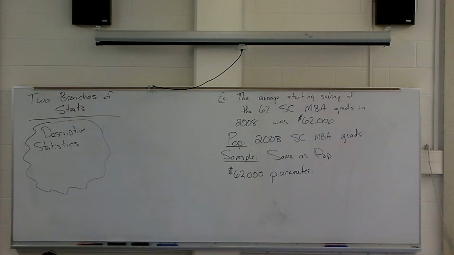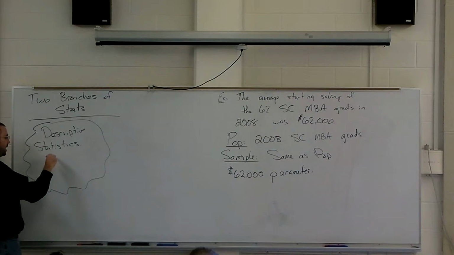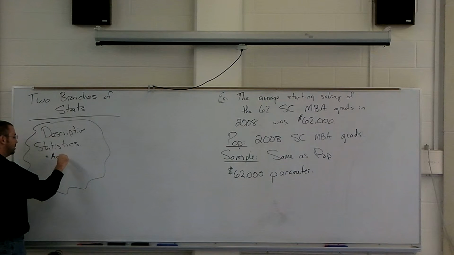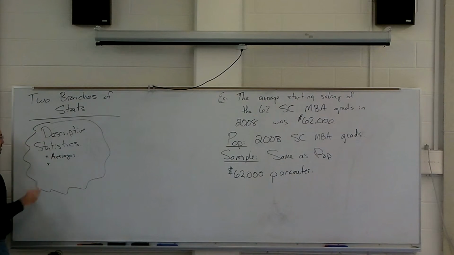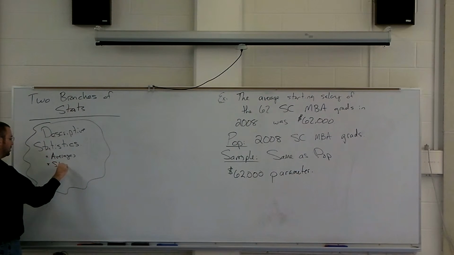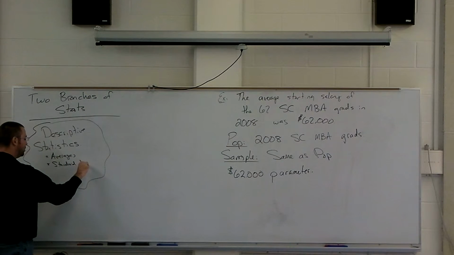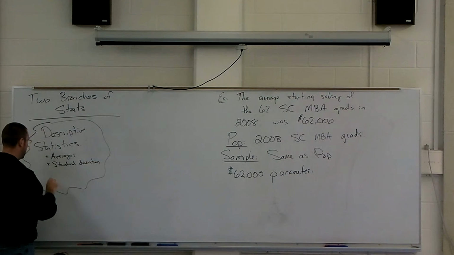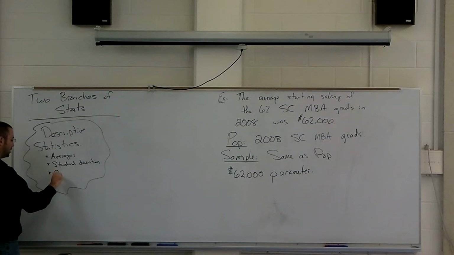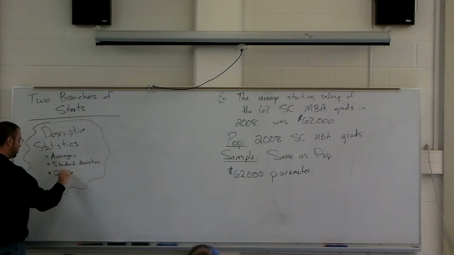Descriptive statistics, as the name implies, are values that describe things. That's what it is. Descriptive statistics are just things that describe the data you've collected. The kind of things that you'll see here are things like average, the standard deviation, things called quartiles or percentiles.